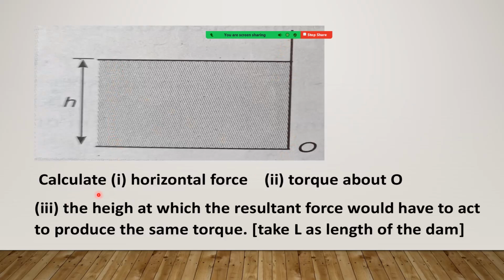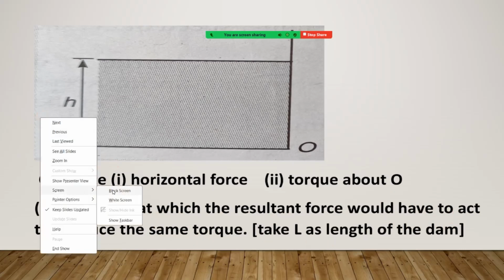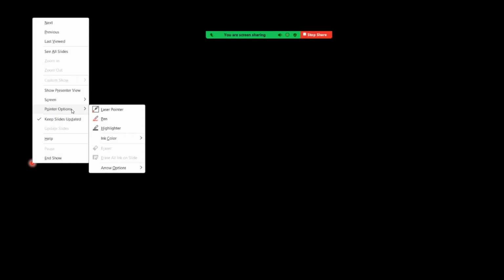Now he is asking calculate horizontal force, torque about O, and the height at which the resultant force would have to act to produce the same torque. And given here L is length of the dam. Let us see how to start. Let us first make the given diagram.